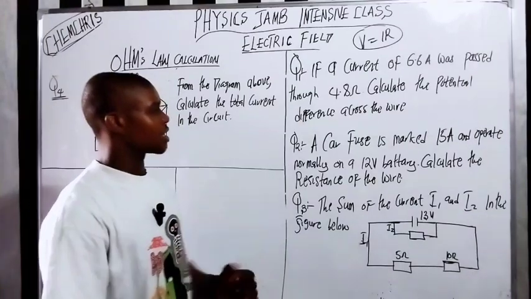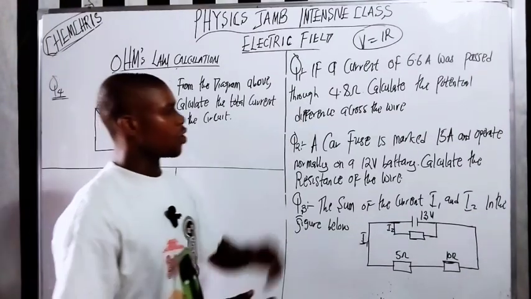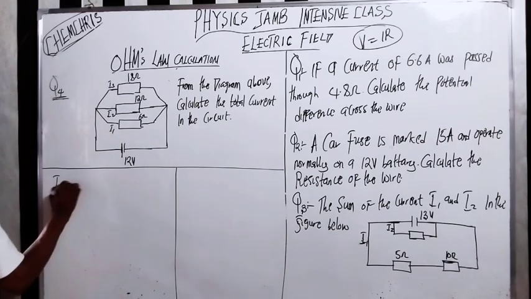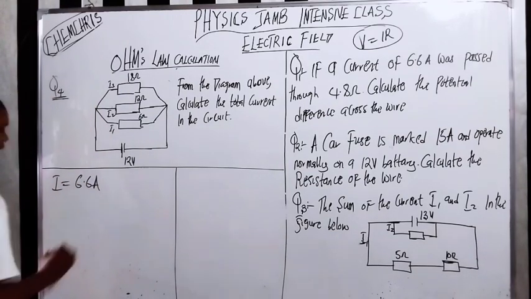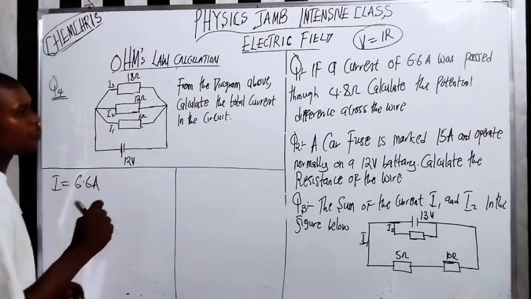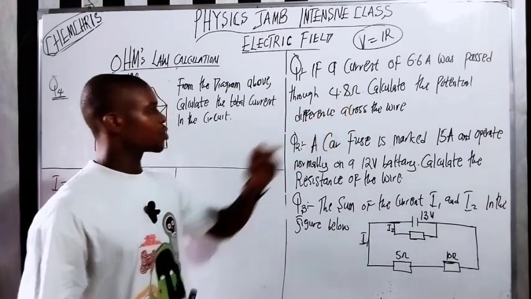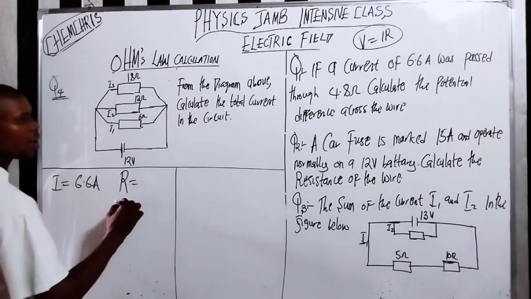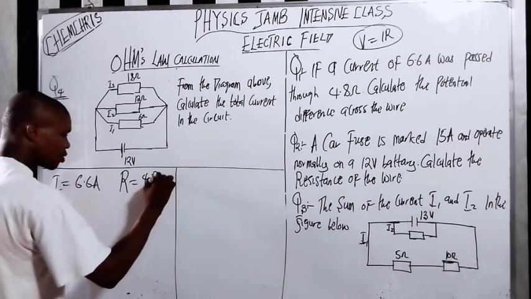Let's take a look at the first question. If a current of 6.6 amperes, so here my I is equal to 6.6 amperes, was passed through 4.8 ohms, then my resistance is 4.8 ohms.